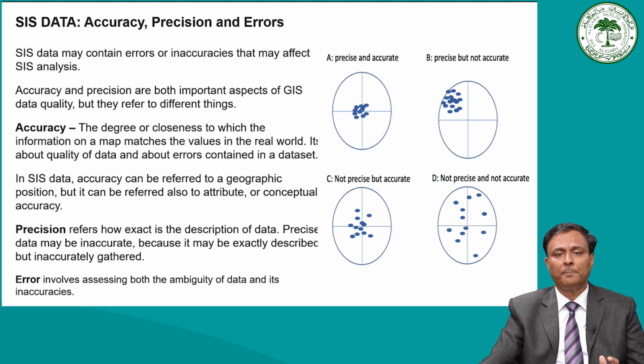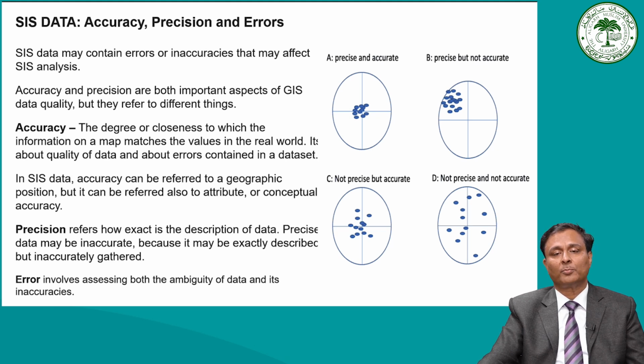Then imprecise or inaccurate measurements and certain inherent limitations of the data collection method. These are some of the ways through which errors can result in spatial information.